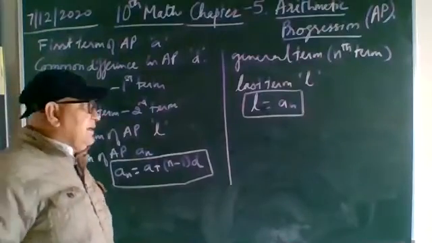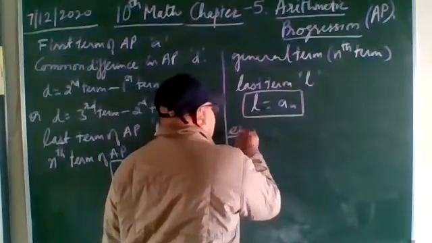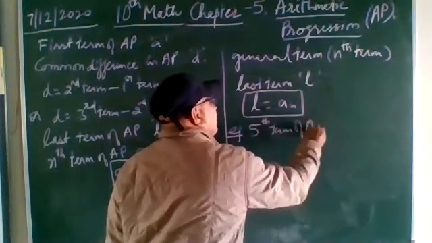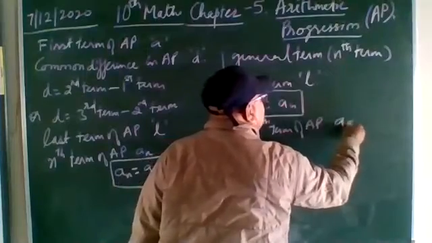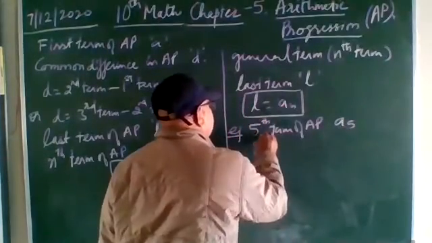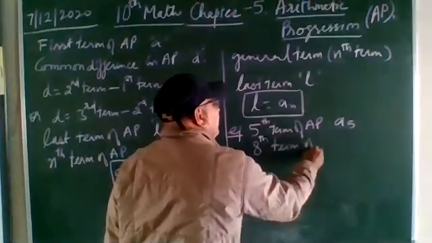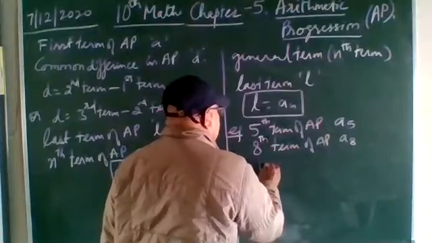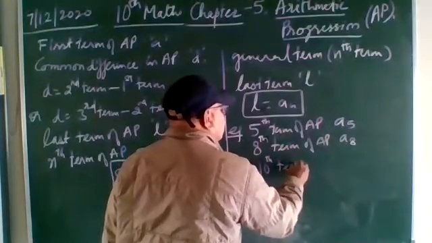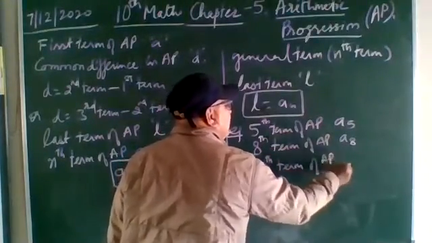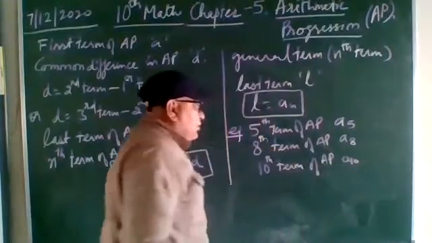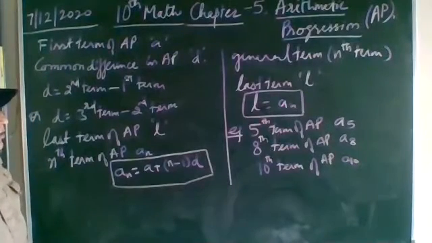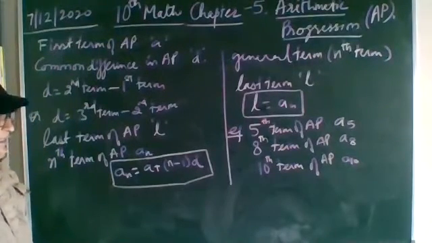I can take an example here. Fifth term of AP, eighth term of AP, 10th term of AP, a_10. All these are the writing part that you should remember.